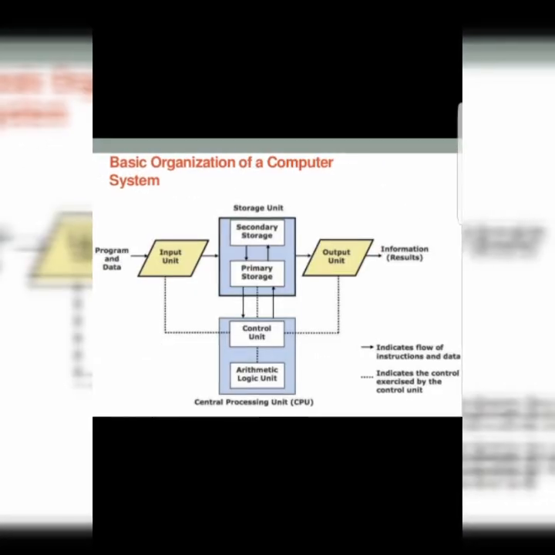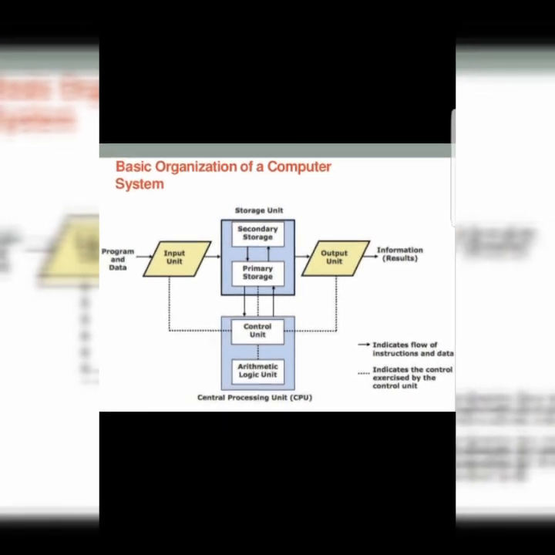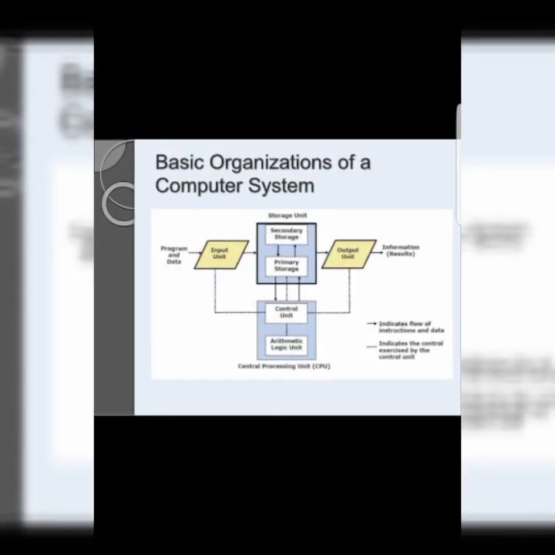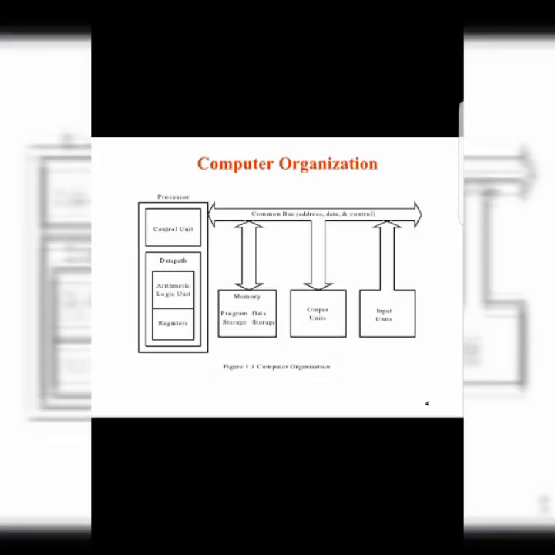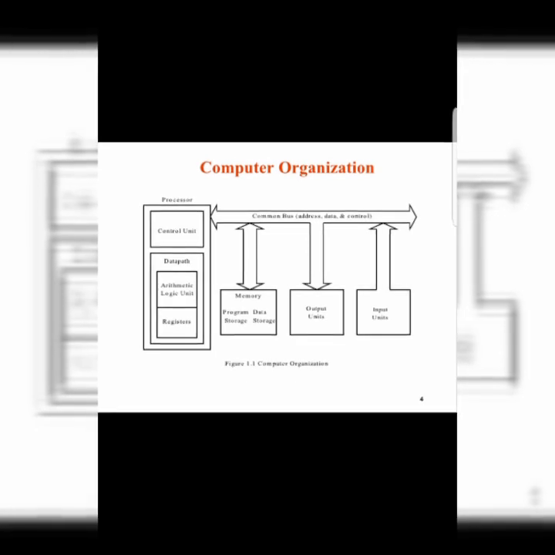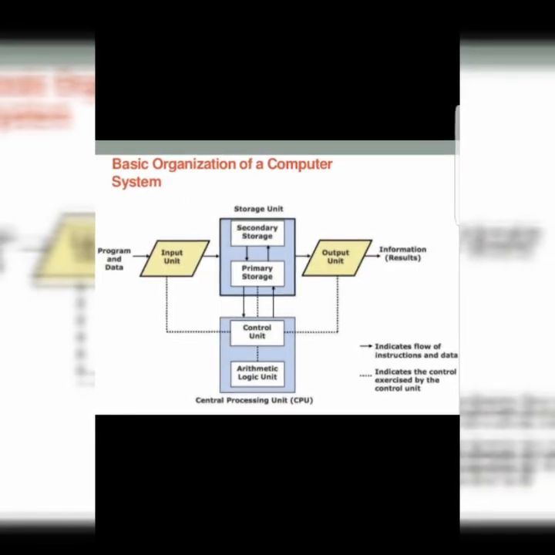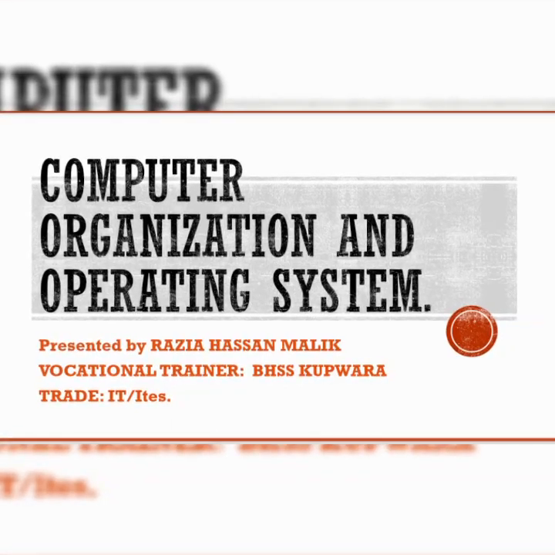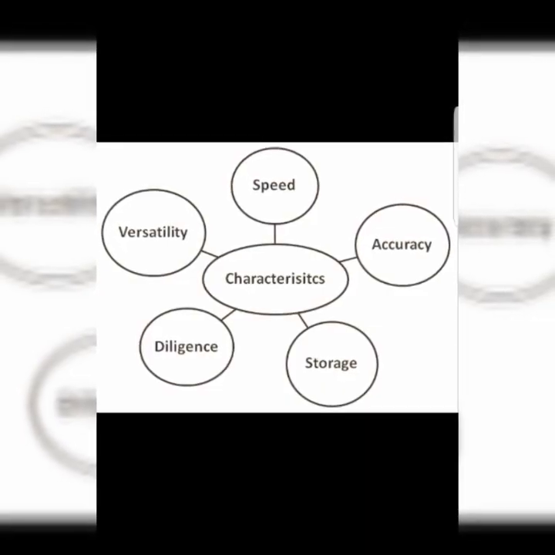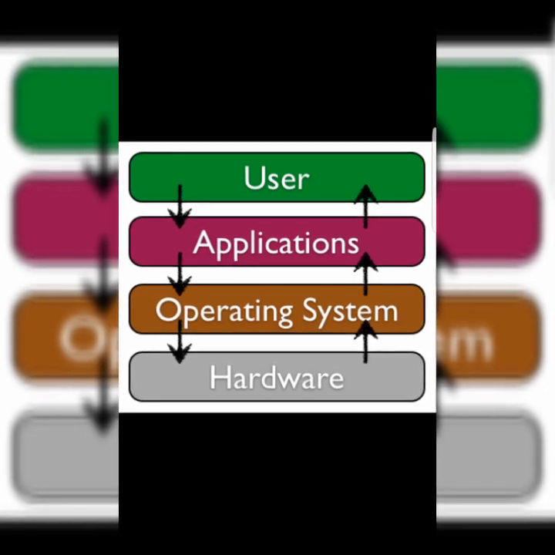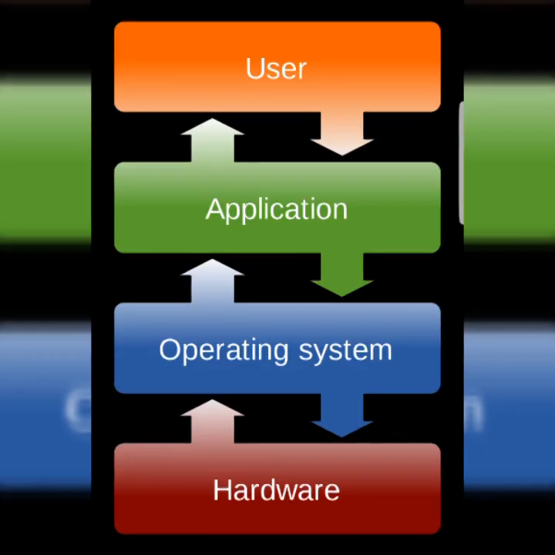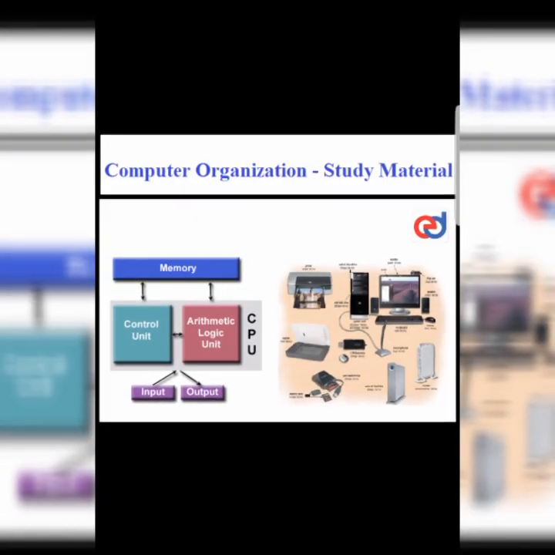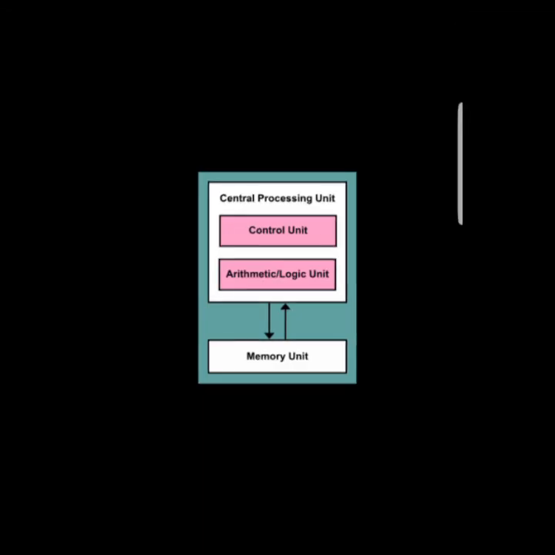Then we have another characteristic, that is memory. A computer has a storage system, with a main memory. We have RAM and we have ROM. RAM is volatile and ROM is non-volatile. RAM is volatile, meaning our data gets lost when the power is shut down or when there is an illegal shutdown.